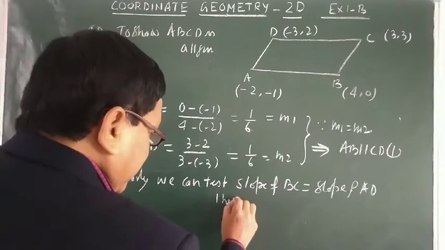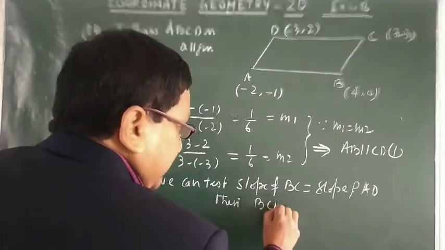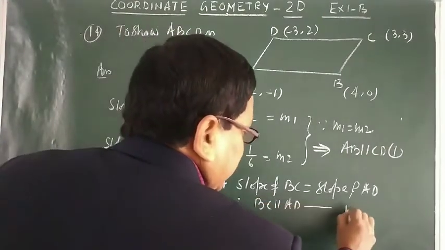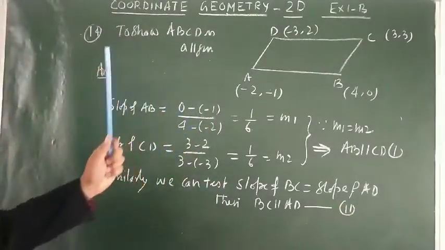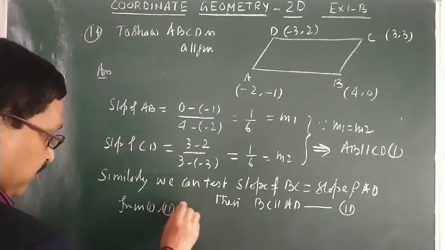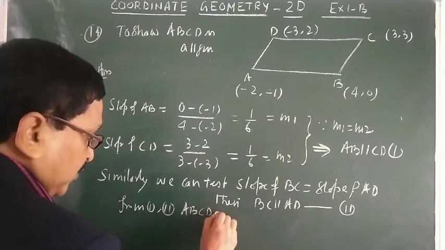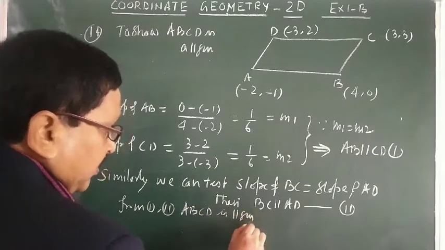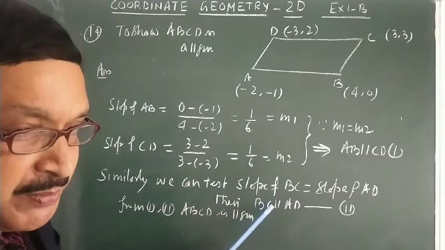If so, then BC will be parallel to AD. So this is your second equation. Now from one and two, ABCD is a parallelogram. This calculation has been left for the readers.